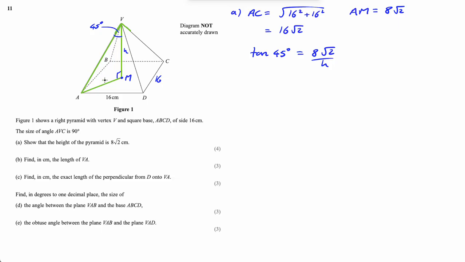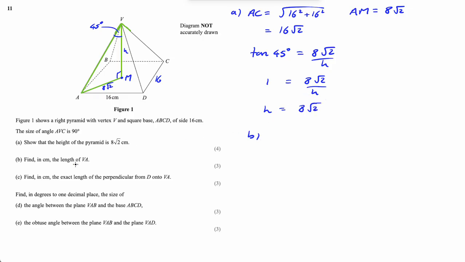So opposite over adjacent, which is H. Now tan 45, guys, is 1, so 1 equals 8 root 2 over H. Therefore, H is equal to 8 root 2. Okay, that's part A.